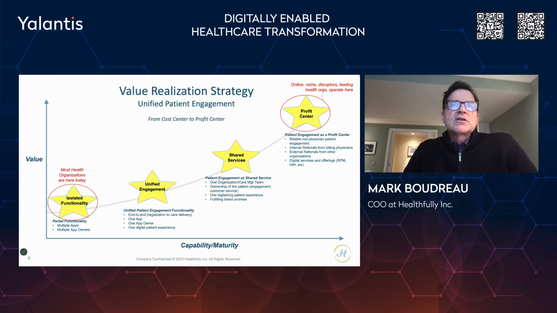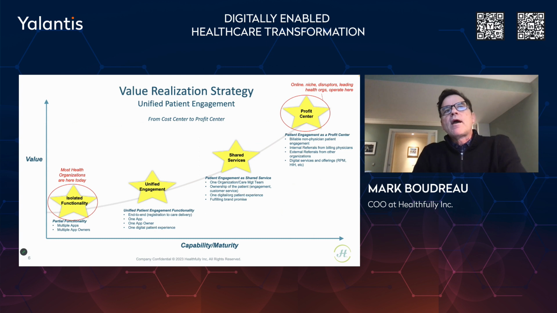And then, of course, you can move right up to the top right-hand corner with profit centers. And a lot of the online service organizations that we see exist there; the patient engagement and ongoing care that they offer is all part of the profit center for them.